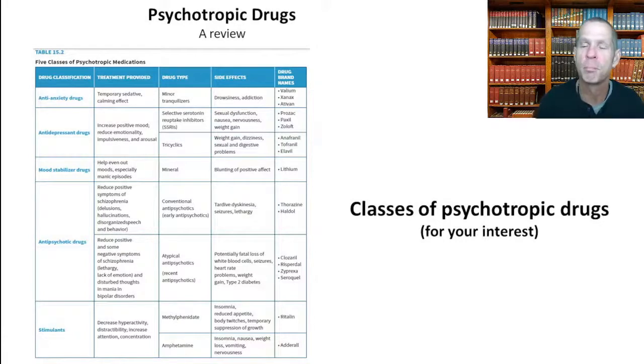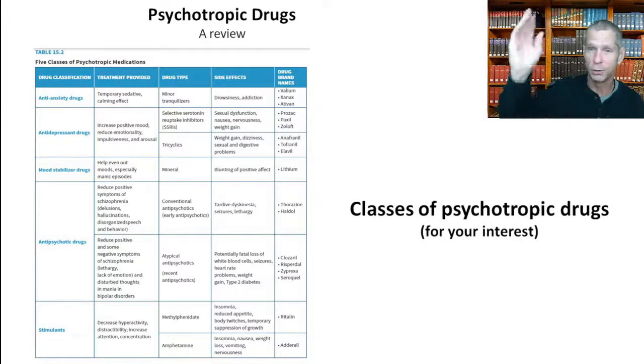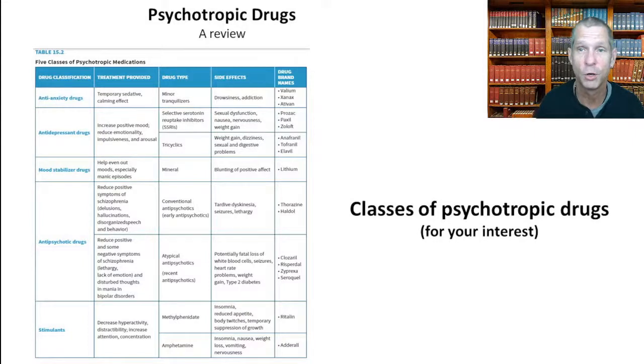So there are five broad effects that psychotropic drugs have. There are those that make you more relaxed, those that make your mood happier, those that slow down your mood swings, those that make your delusions and hallucinations go away, and those that increase your focus.